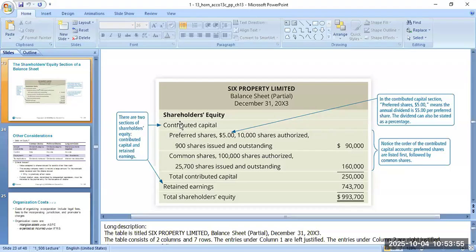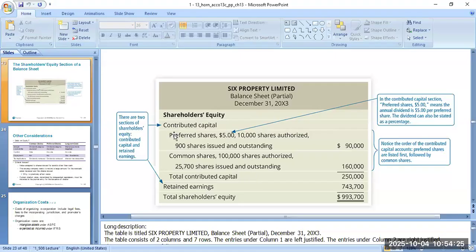Second will be common shares, then total contributed capital, then retained earnings and total shareholders' equity. That's how we structure the shareholders' equity section on the balance sheet. That's not actually a statement of shareholders' equity, because it doesn't have the beginning balance and ending balance.